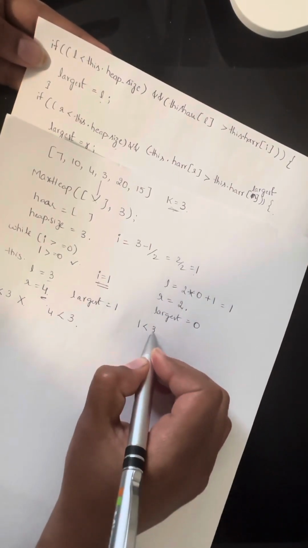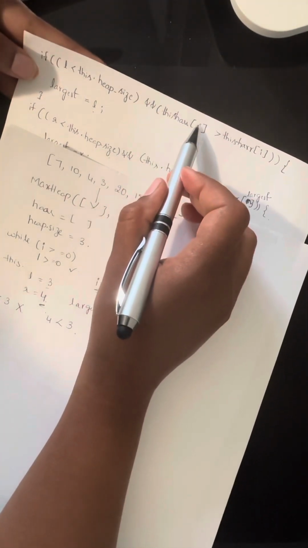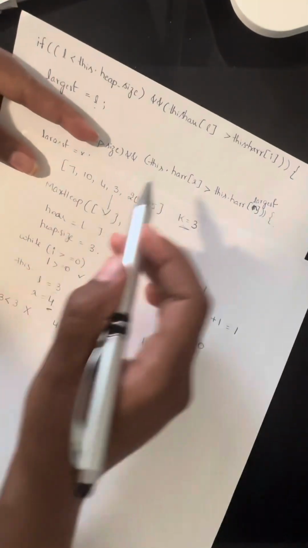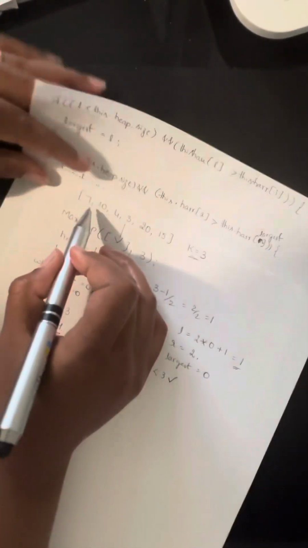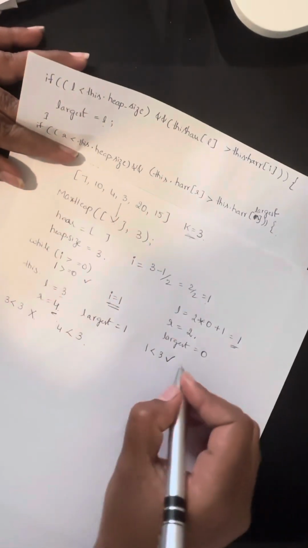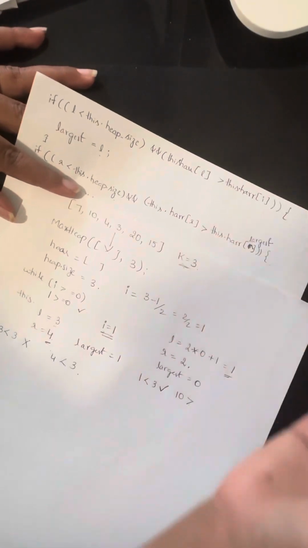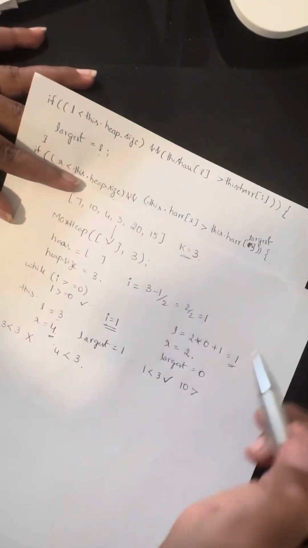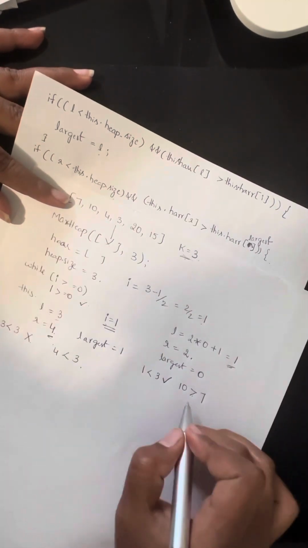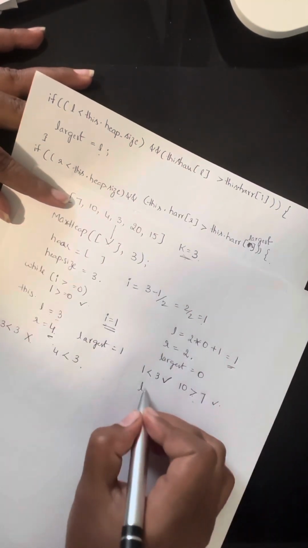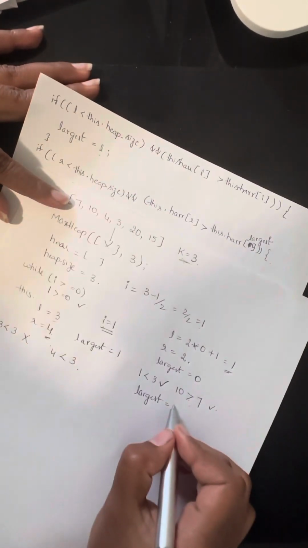1 is less than 3. This is right. And this.H array of L. So L is 1. In the array at index 1 we have 10. 10 is greater than H array of i. So i is 0, which is 7. So this condition also satisfies. Then the largest becomes L, which is 1.